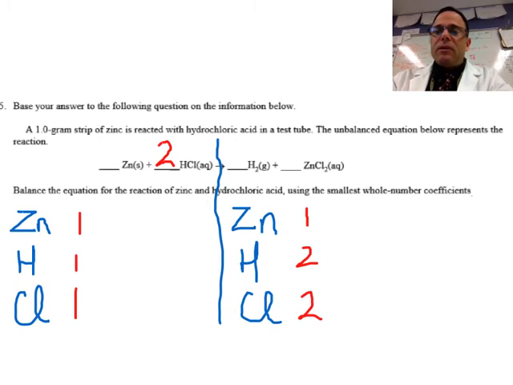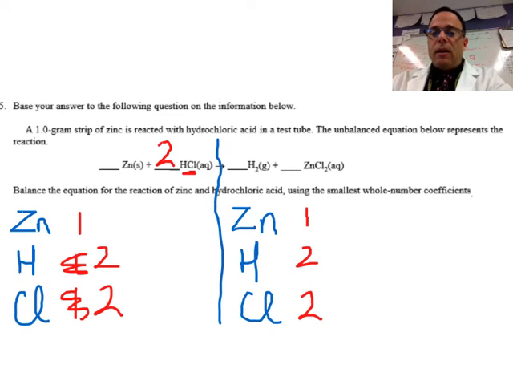Let's see what happens. Now that we've doubled that, this becomes 2. And what happens to the chlorine? That also becomes 2. Inspect once again, and we have 1 zinc on both sides, 2 hydrogens on both sides, and 2 chlorines on both sides, representing a conservation of mass. And right then and there, that balanced the equation.